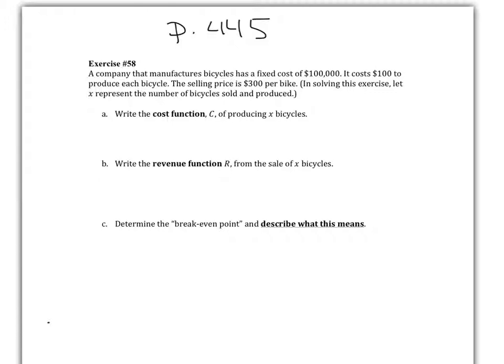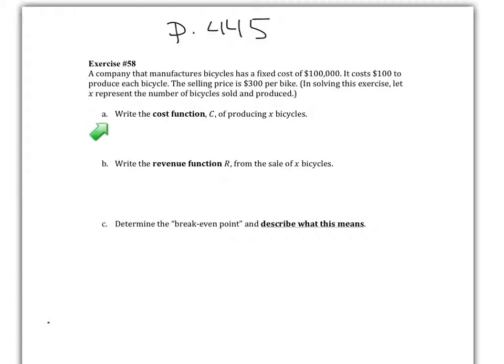Now the selling price is $300 per bike. So in solving this exercise, let's let X represent the number of bicycles that are produced and sold.